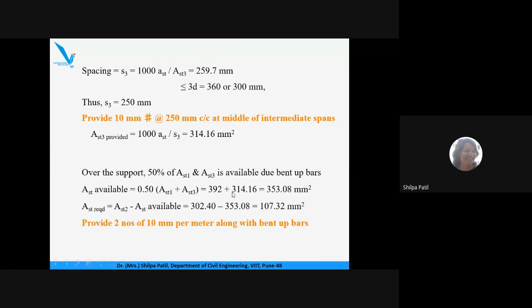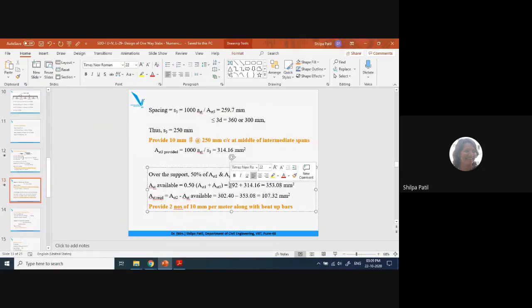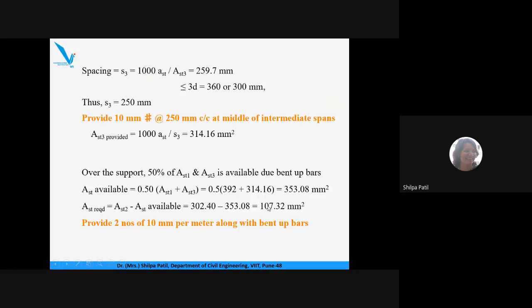So 392 plus 314.16, half of that, I forgot to write 0.5 here, is coming as 353.08. So I will quickly make a change over here. This is 0.5 of the total addition, which is 353.08 mm square. This is the AST available due to bending of bars.